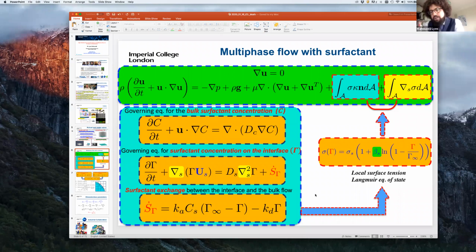Usually the diffusivity in the interface and in the bulk are the same. Through all the literature that we've been through, we made a table of surfactants with the minimum, the maximum, and the average.